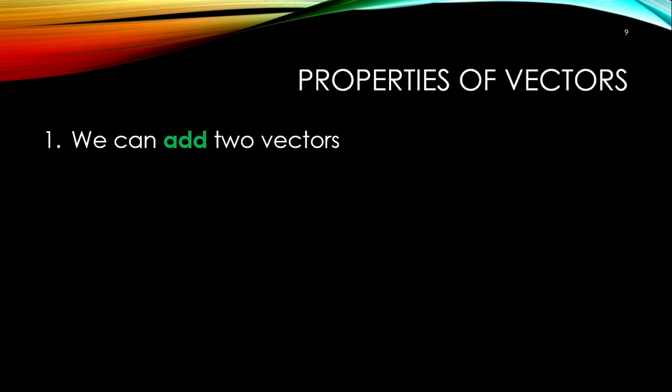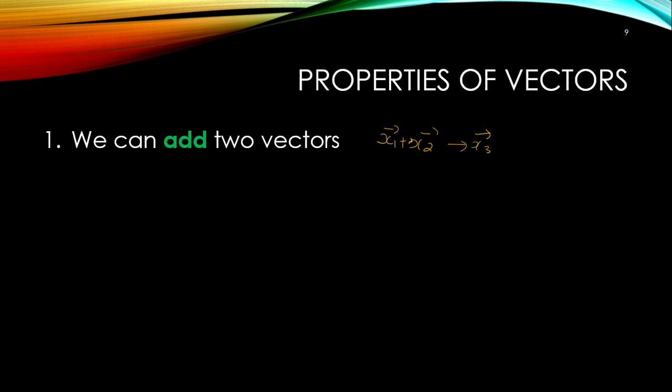For example, I have two vectors x1 and x2. I can add these two vectors and the result will give you another vector. So when we add two vectors, we get another vector. That is the very special property of vectors.